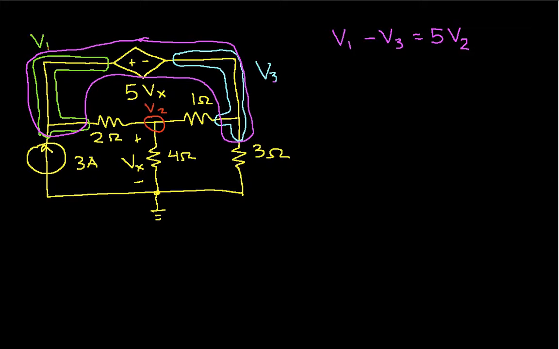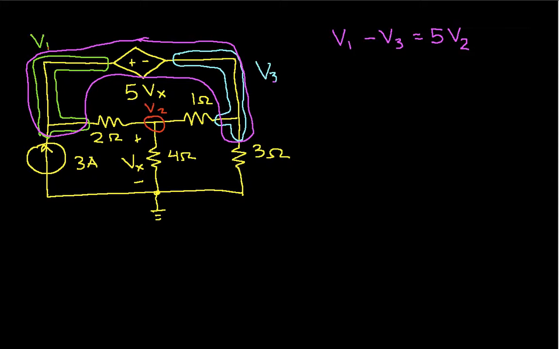Again, we're talking now about the currents that are entering or leaving the supernode, not just node 1 or node 3, but any current that's entering or leaving node 1 and any current that's entering or leaving node 3. That's the whole idea behind a supernode.